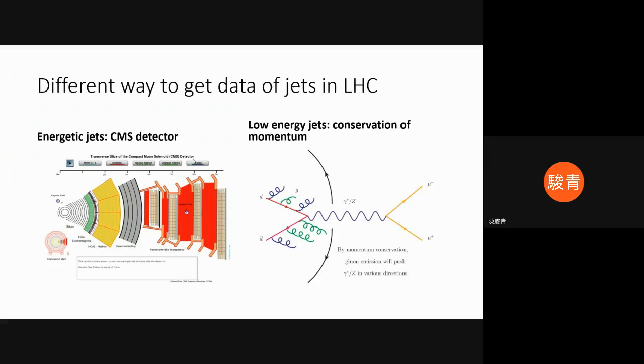It will contain the most part of the energy in collisions and can get the data for single jets. The other one is to estimate by momentum conservation and predict the probability of how many low energy jets there are, but we cannot get the data for the single jets.